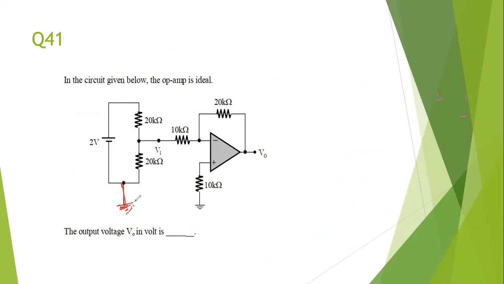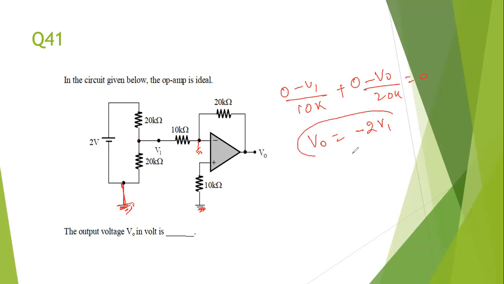There is no current flowing here. Now just apply, let's say this is V1. So 0 minus V1 by 10K plus 0 minus V naught by 20K equal to 0. So V naught equals minus 2 times V1.